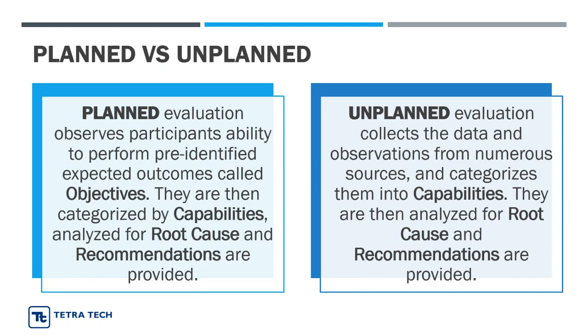And as I said, maybe it's continuity of operations, maybe it's fatality management, maybe it's medical surge, maybe it could be a variety of them. We know that in advance. And then we take that information, it's categorized, we look for root cause, and we create recommendations. In an unplanned event, we don't have the luxury of having that list of capabilities.